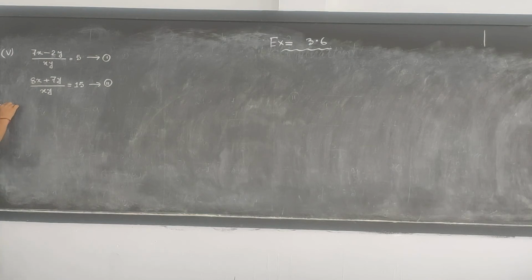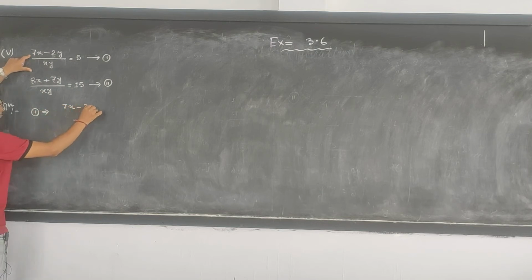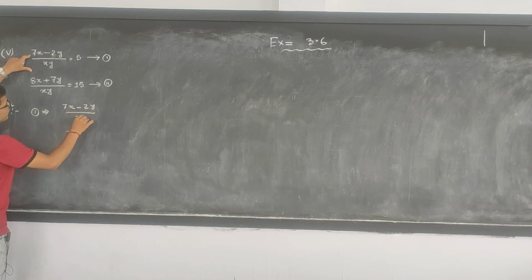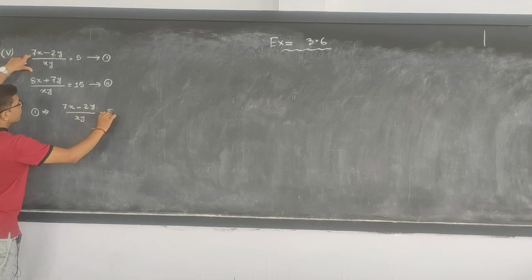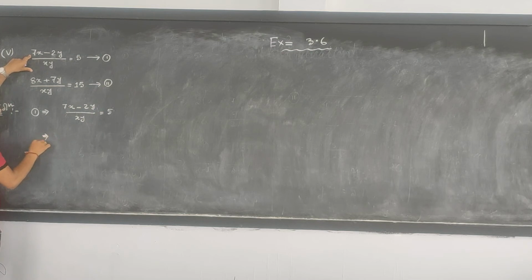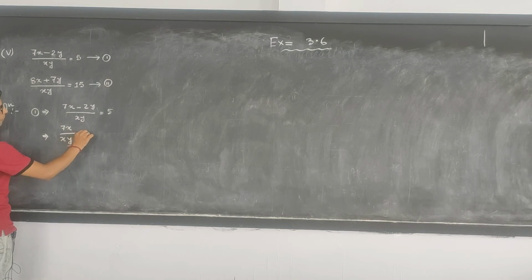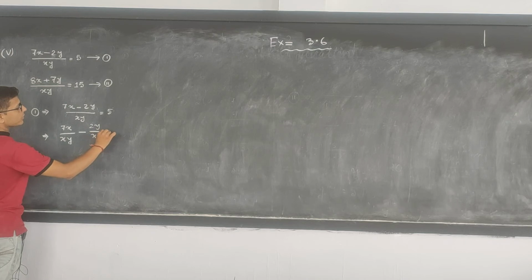Solution. So the first equation we have, we can write it as 7x minus 2y by xy as it is. I am writing, and let me separate it. If I separate it, then it will become 7x by xy minus 2y by xy is equals to 5.